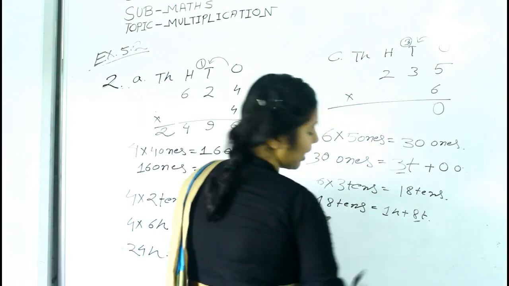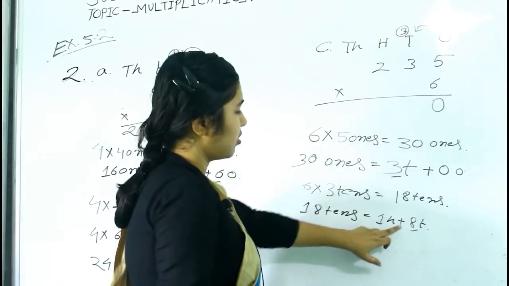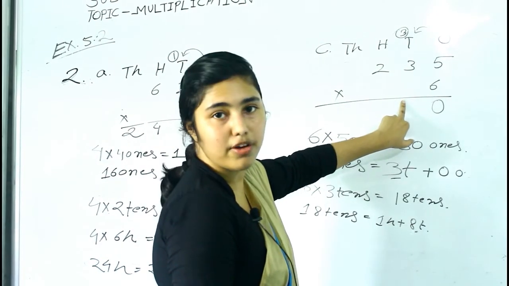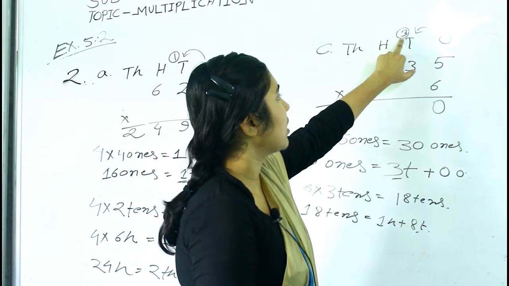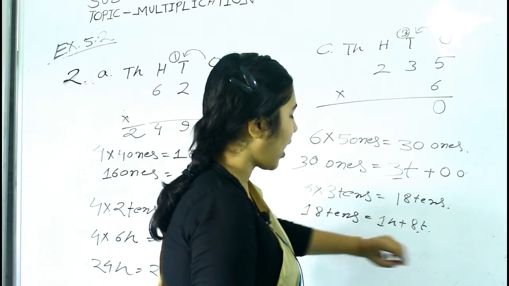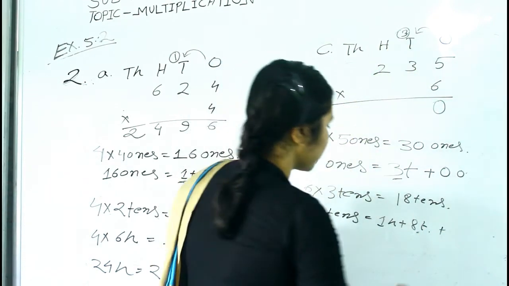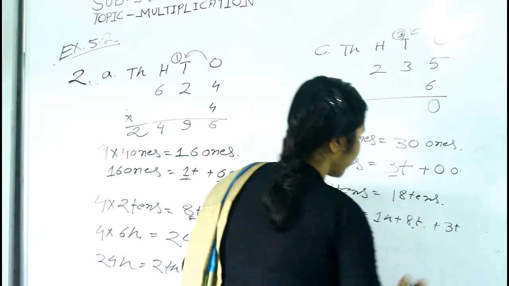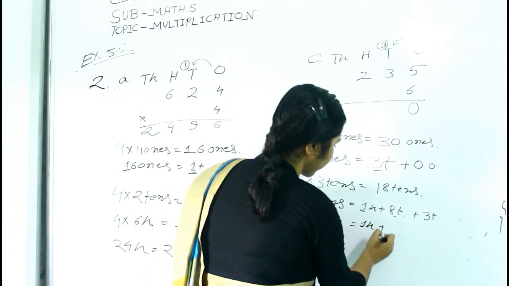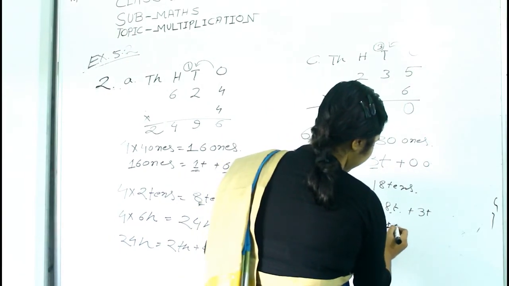Now don't write 8 in the column of the tens place directly because here we have 3, right? So first we have to add this 3 tens with 8 tens. So we will get 100 plus 8 plus 3, 11 tens, right?